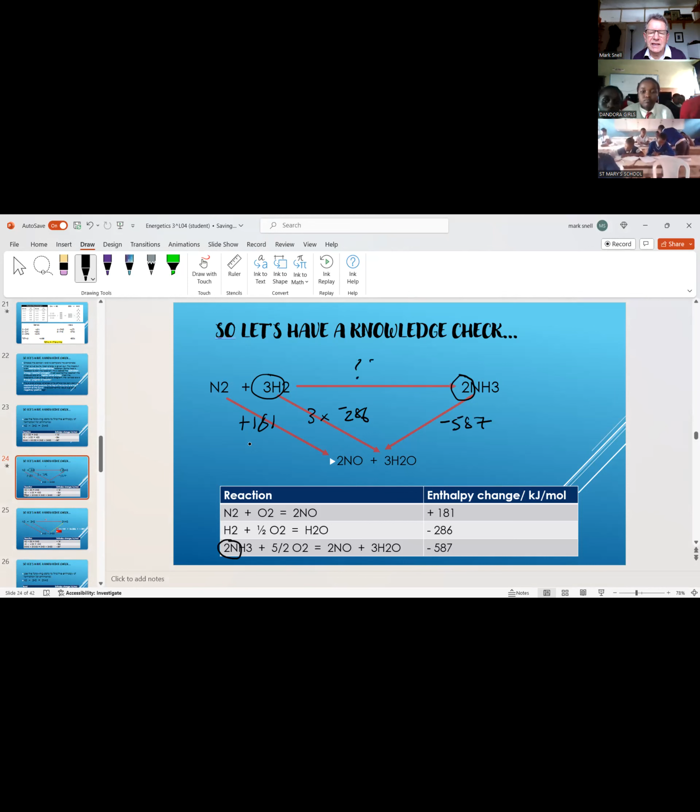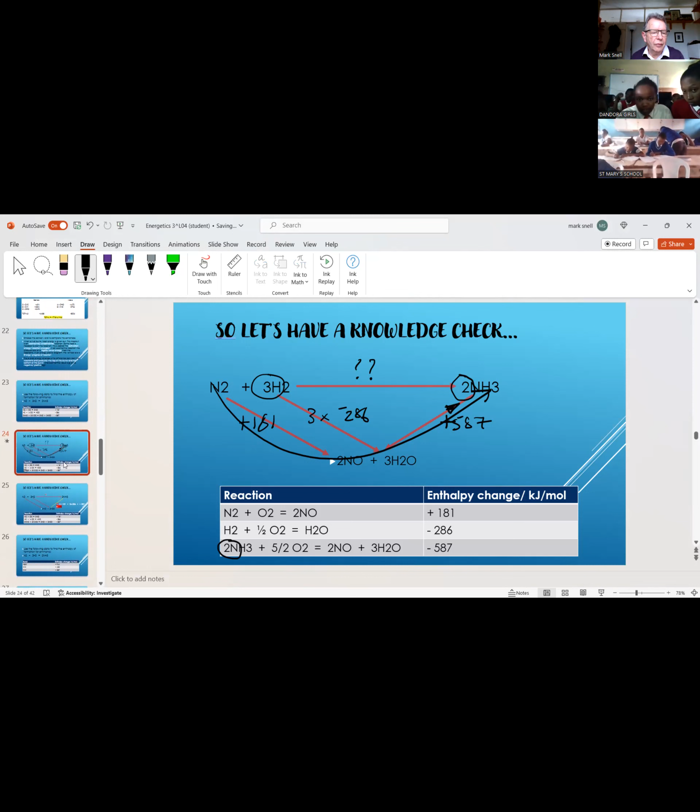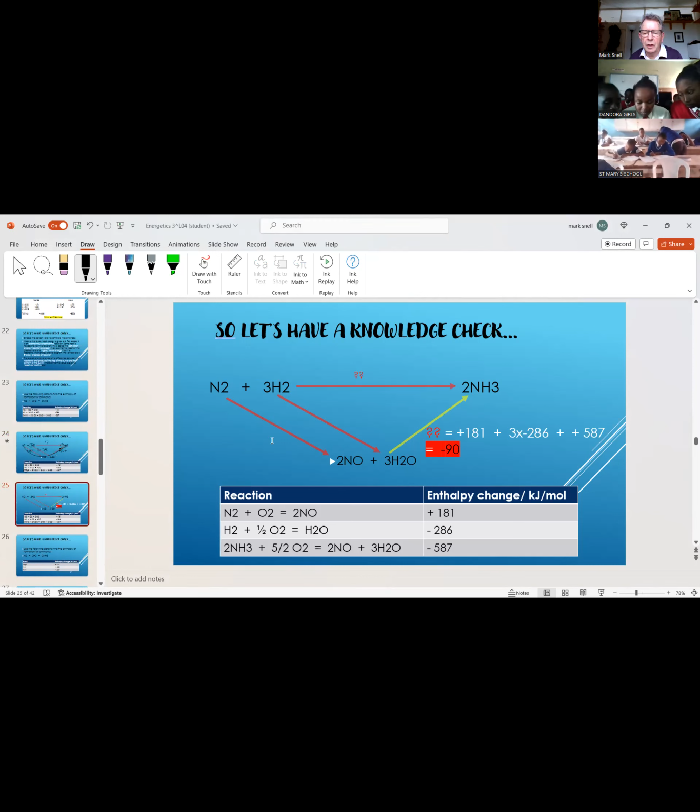Now, if this here is the same as all the way around here, I have to change this arrow here, and therefore that becomes positive. That means the whole thing is 181 and 3 times negative 286 and positive 587, which is negative 90.